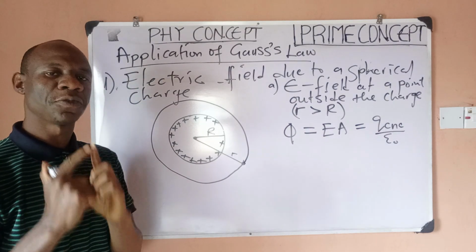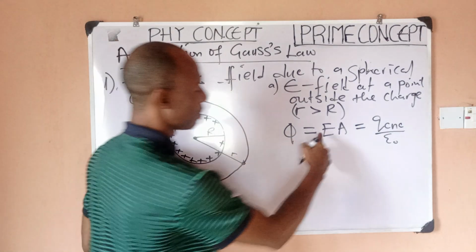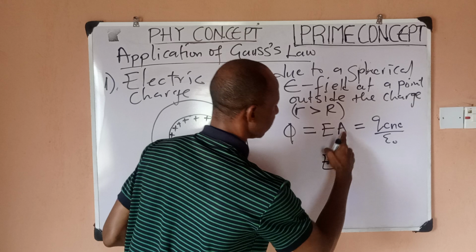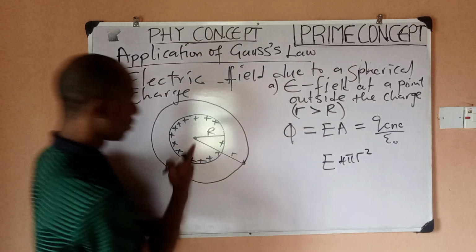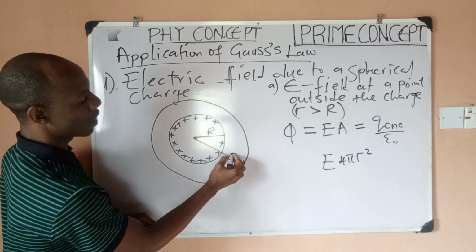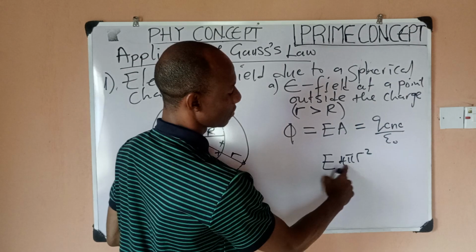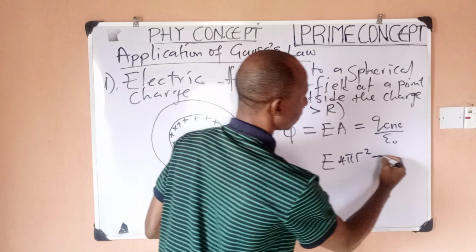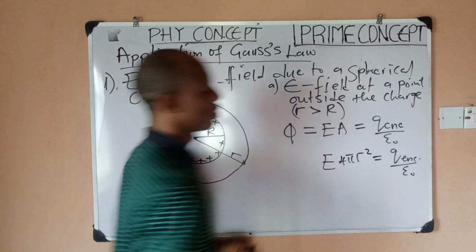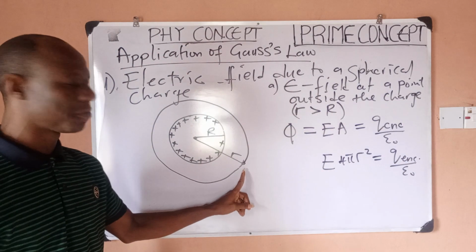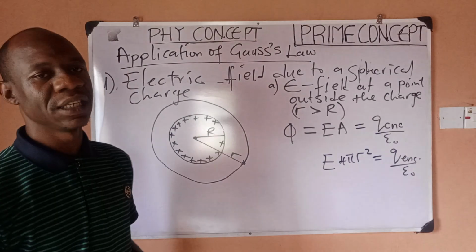The area of a sphere is 4 pi r squared. So what it simply means is I would have E times 4 pi r squared, because the radius of this spherical surface is small r. So that's why I'm saying 4 pi small r squared equals the charge enclosed divided by epsilon naught. Since I'm trying to find the electric field at this point, I would make E the subject.